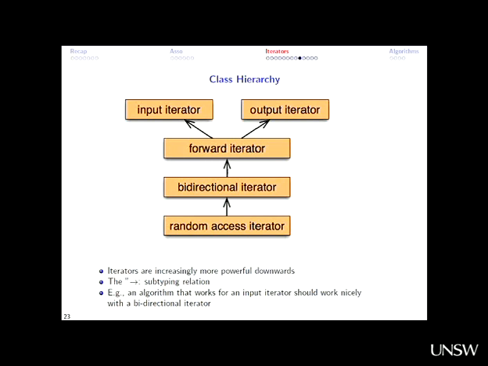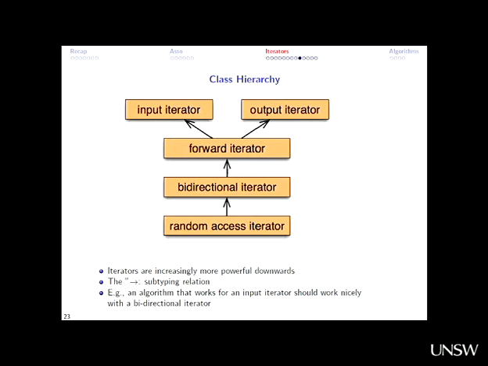You have either an input iterator or an output iterator. An input iterator is a little bit weirdly named because an input iterator allows you to access the values but not change the values. An output iterator actually allows you to change the values. So input and output are kind of reversed in those namings.